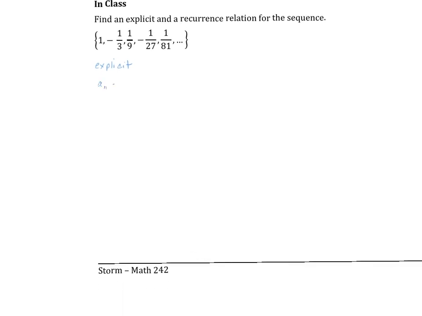I'm looking at a sub n being 1 over some power of 3. If n is 1, then that's 1/3, so probably n minus 1. So at 1, I would be at 1. And then I would just multiply this by -1 to the first term is positive, so I could do n minus 1.